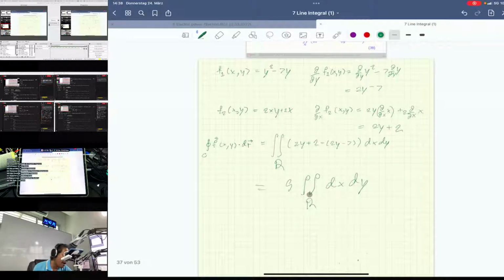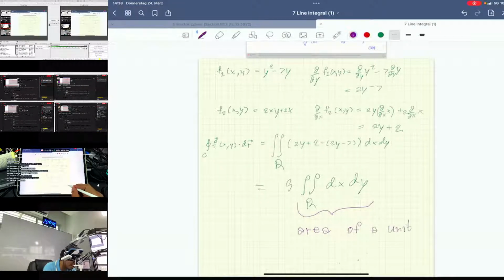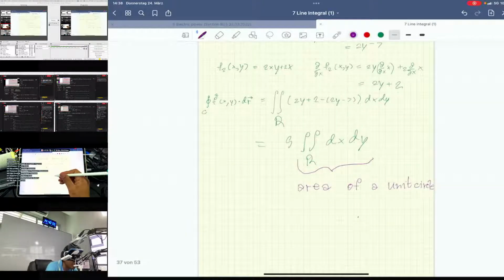Okay, this is equal to the area of a unit circle. The area is pi r squared, but the radius is 1, so it's going to be pi.